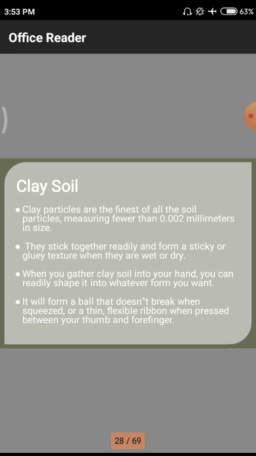But in case of sandy soils, there is no ball formation with the particles. With silty soils, we have ball formation, but they break easily. But with clay soils, the balls do not break easily even after drying. A flexible ribbon can be formed when pressed between the thumb and forefinger. Flexible means it will convert into any shape, whatever direction we apply pressure.